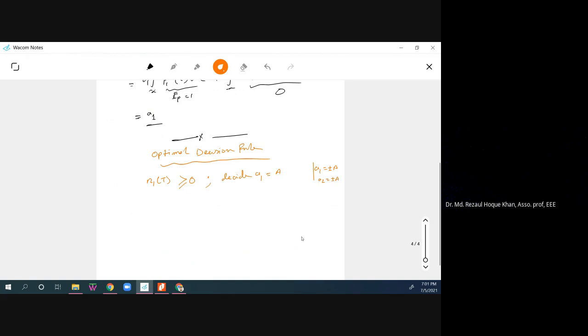And the opposite one, if R1(T) is less than 0, we decide A1 equal to minus A.